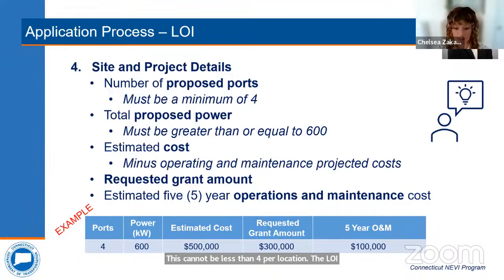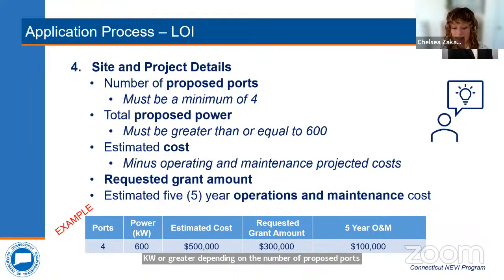This number must be greater than or equal to 600 because FHWA requires each port be a minimum of 150 kW or greater. With a minimum of 4 ports, this total number will be 600 kW or greater, depending on the number of proposed ports and power provided.